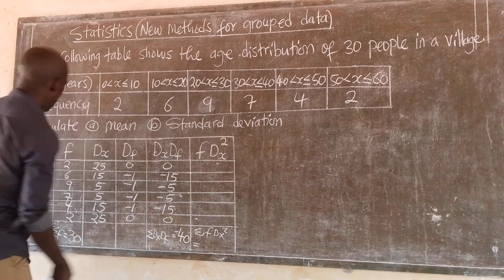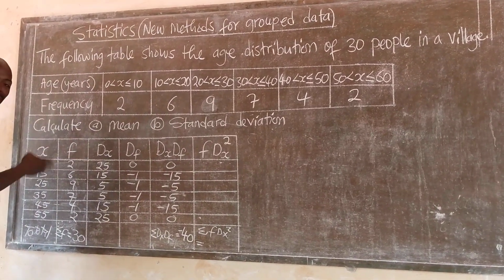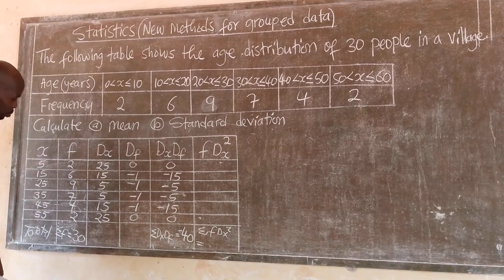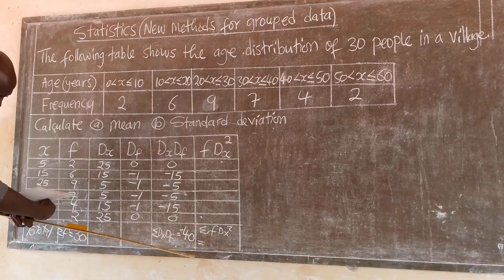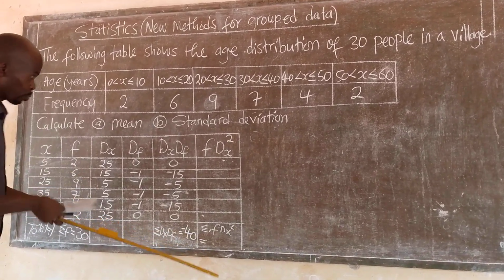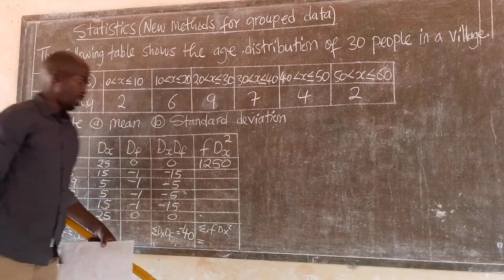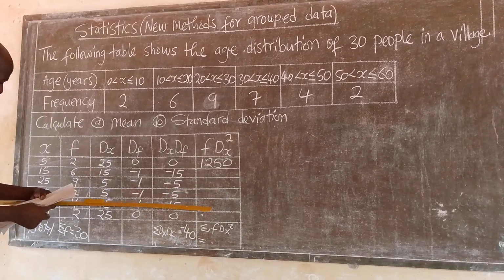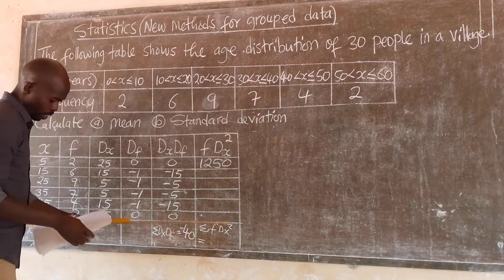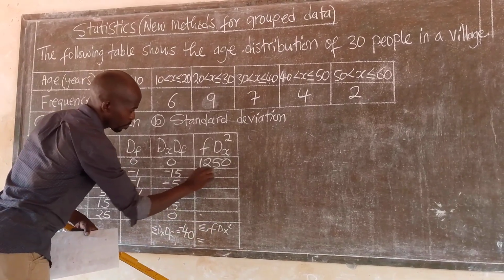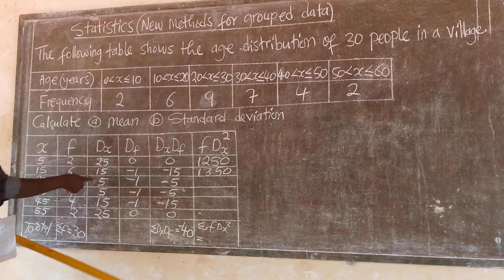Last one is the product of frequency times the square of the x. So 2 times 25 squared, that gives us 450. Then next one, we are multiplying 6 times 15 squared, that gives us 1350. Then we multiply 9 times 5 squared.